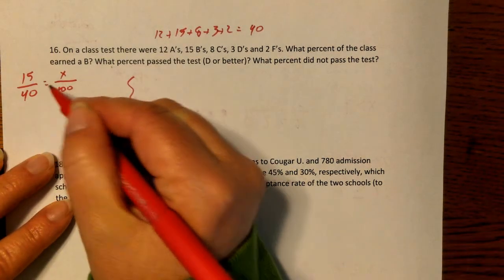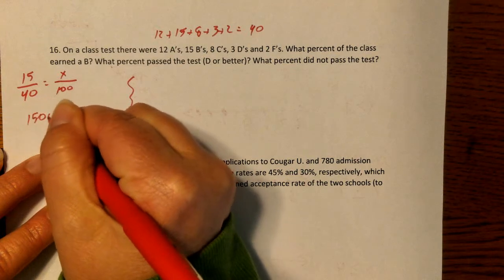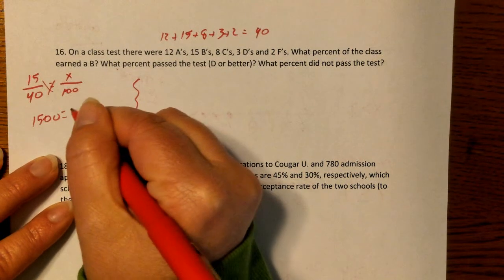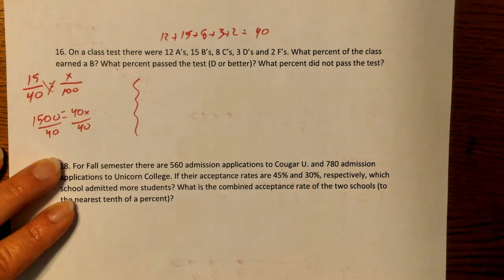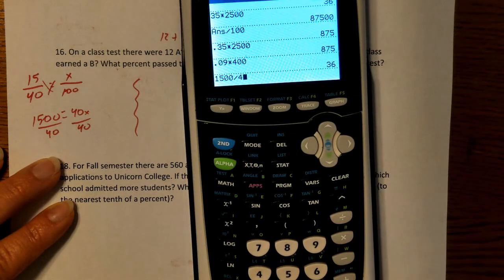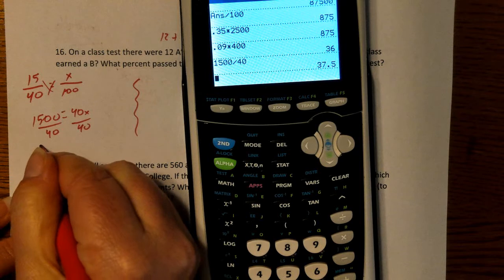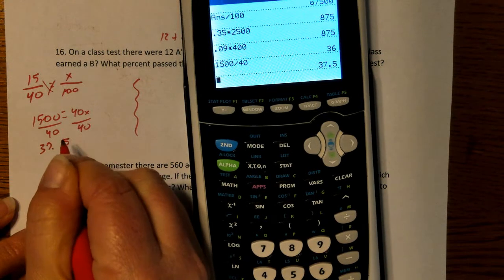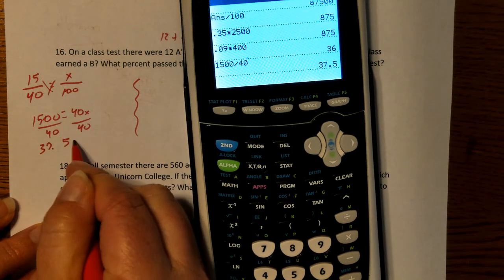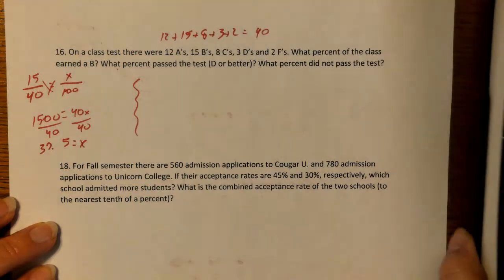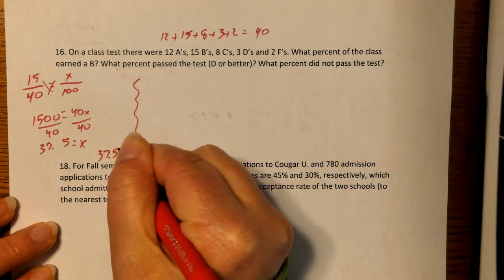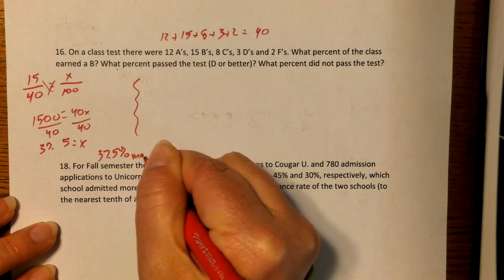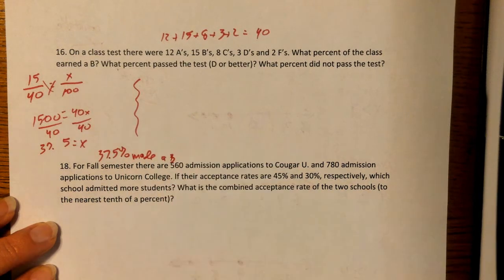So you can cross multiply and divide. 1,500 equals 40x. Divide by 40. Which is 37.5. Now, you probably did not have 37.5 equals x. So remember that x number is our percent number. So that would mean 37.5% made a B. Okay.